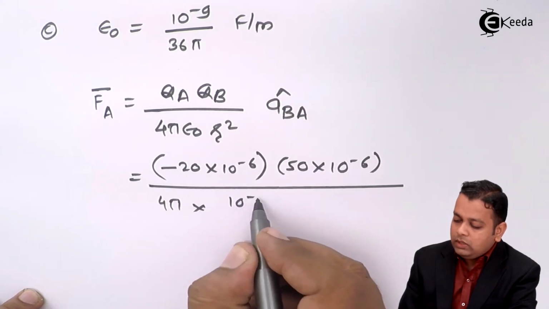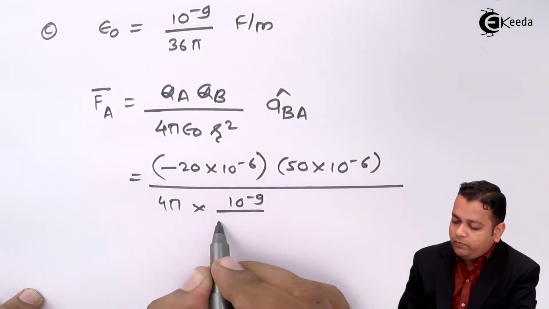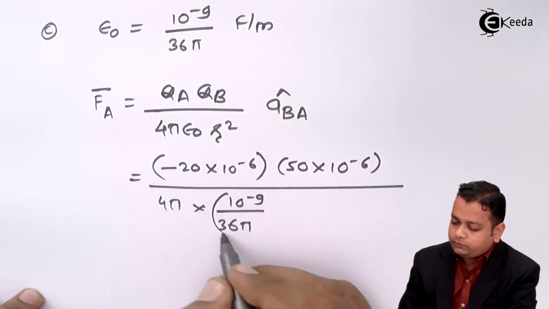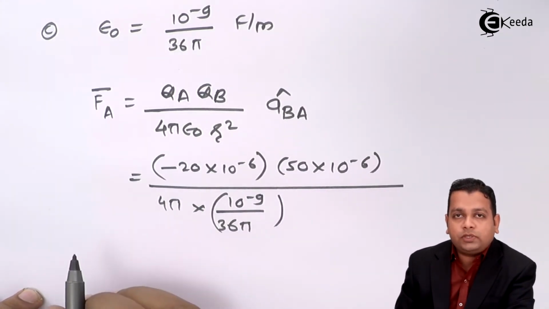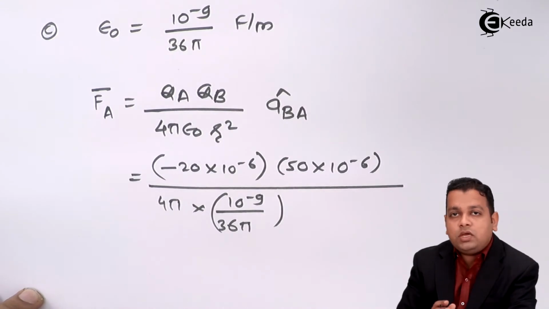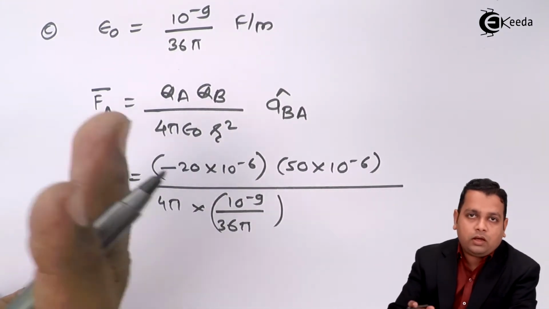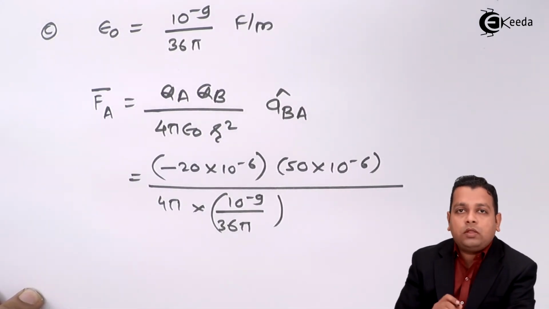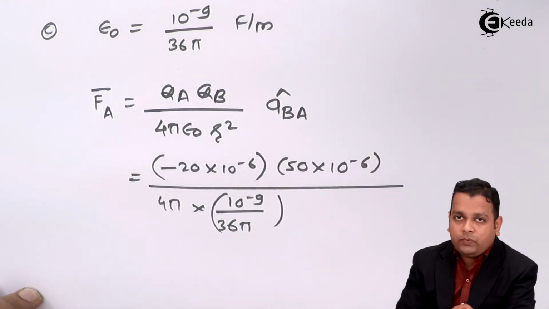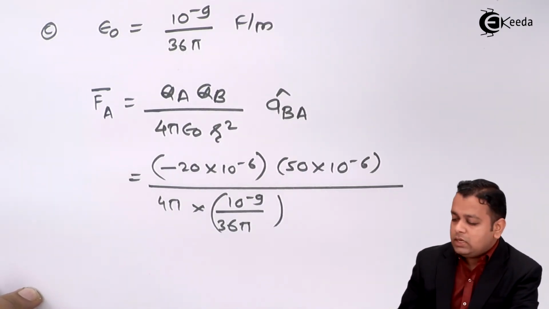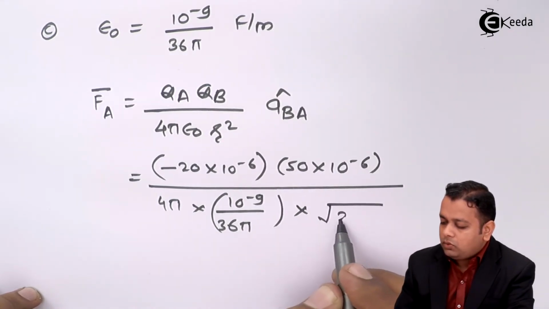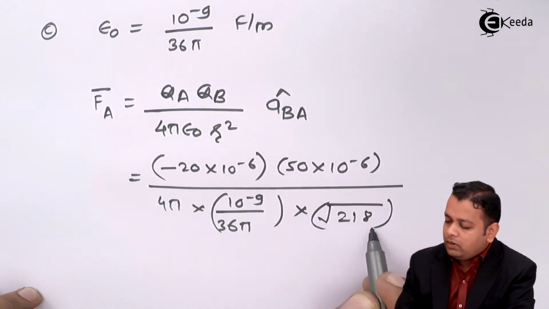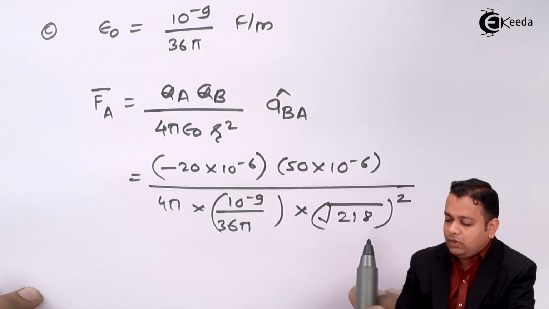What we have to use? 10 raised to power minus 9 upon 36 pi r square. So r is the distance of separation from charge QA to charge QB. In the earlier portion, we have found the magnitude of RAB. So that was 14.76. So here we will take that one in the form under root 218 square r square.